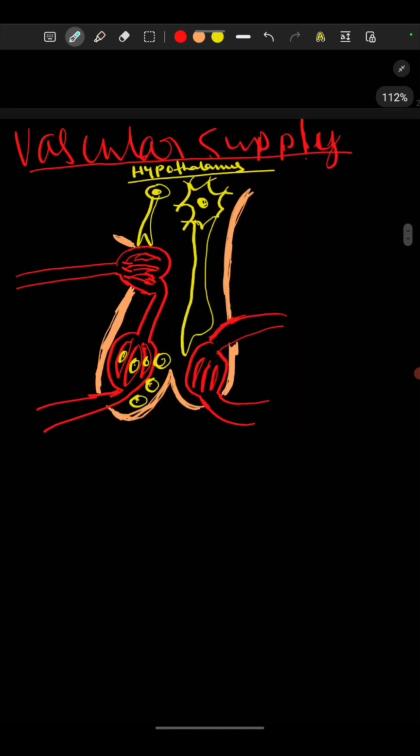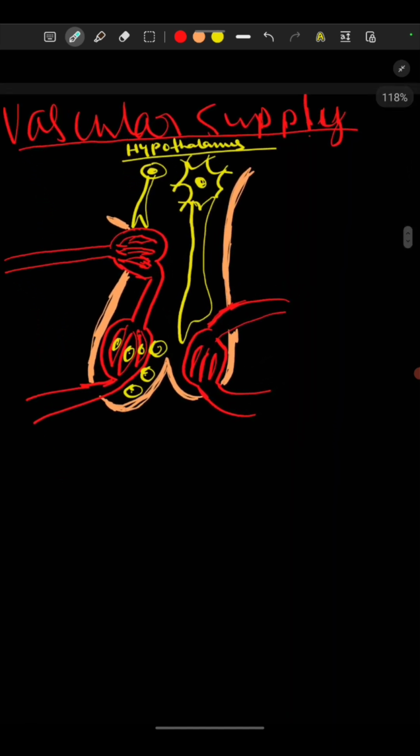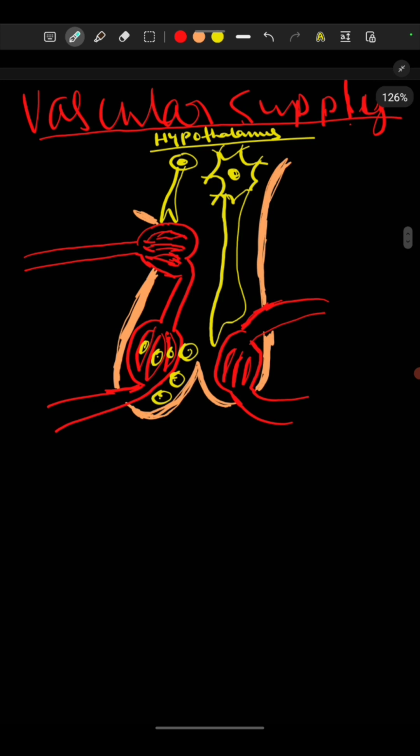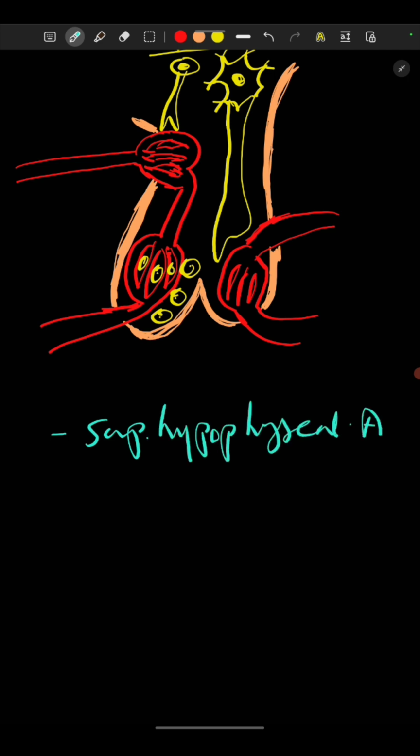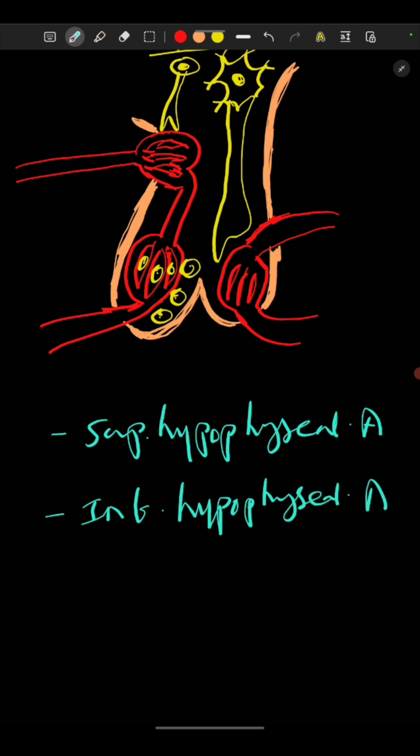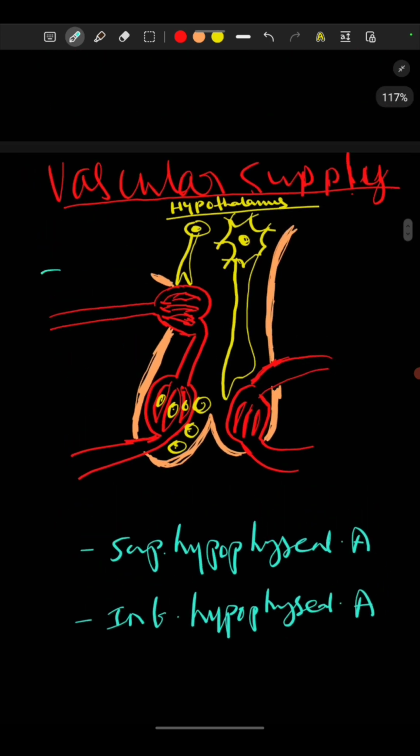Now we go to the vascular supply. The pituitary gland is supplied by two arteries, the superior hypophyseal artery and the inferior hypophyseal artery. This is the superior hypophyseal artery. This is the inferior hypophyseal artery.